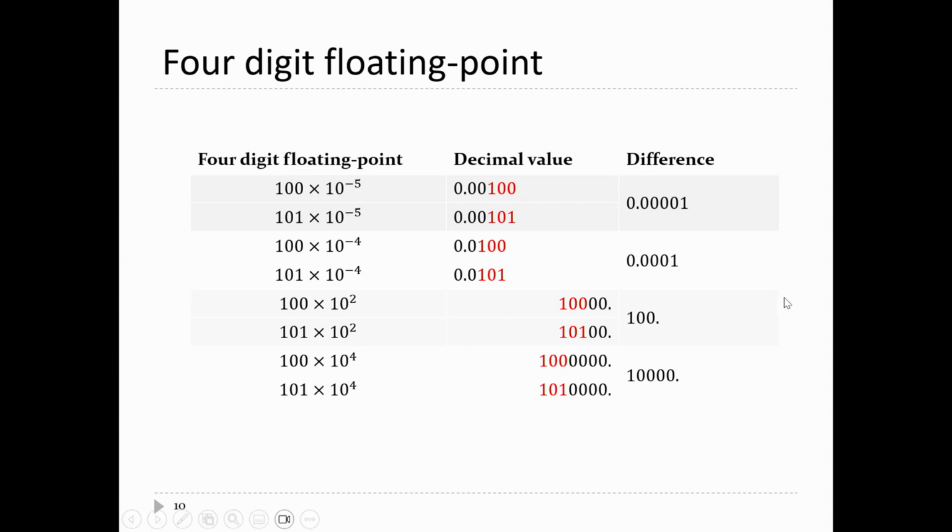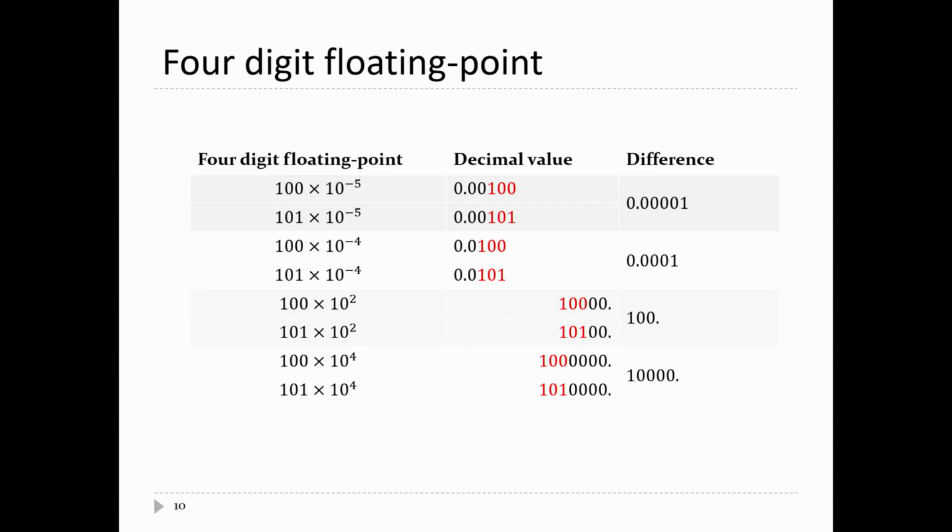The distance between those two values is 100, which is much bigger than that and that. And if you go to the 10 to the 4, you get a similar result. I can represent 1 million, I can represent 1,010,000, I can't represent any number in between. The distance between adjacent numbers is now 10,000.